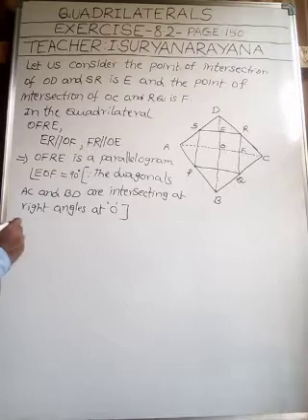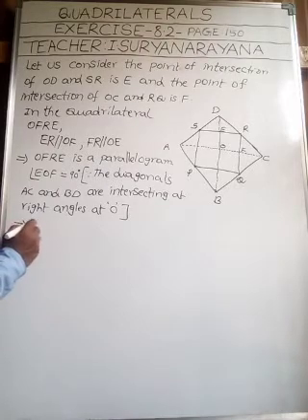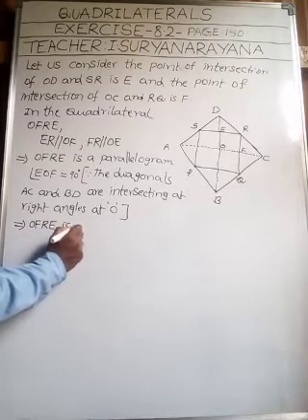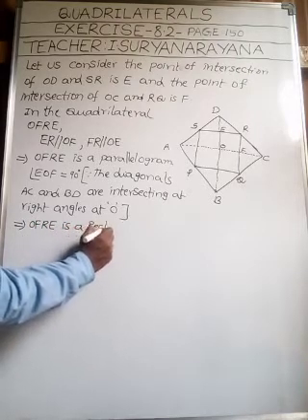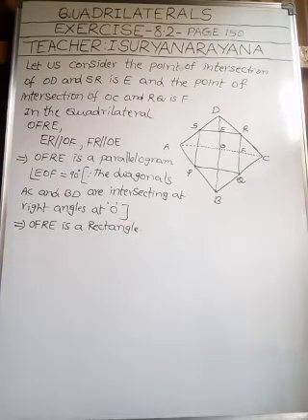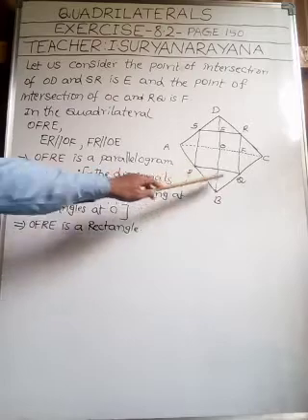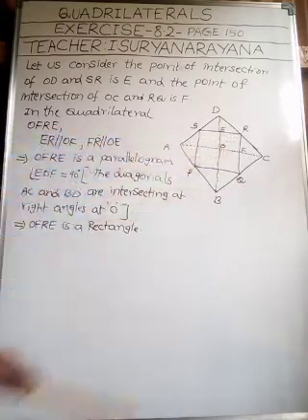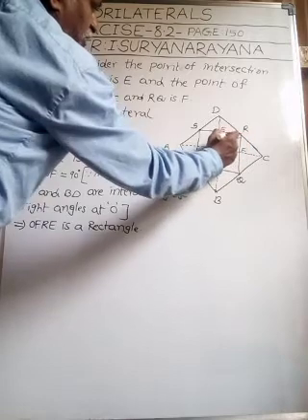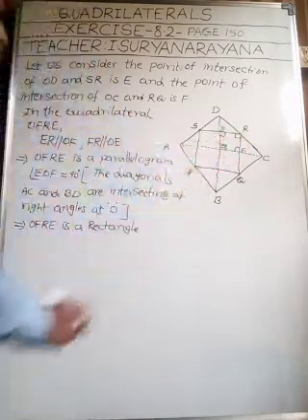This implies OFRE is a rectangle. In a parallelogram, if any one angle is 90 degrees, then the parallelogram becomes a rectangle. Okay, my children. Similarly, in this PQRS parallelogram, this is 90 degrees, this is 90 degrees, this is 90. Automatically this is 90, this is also 90, this is also 90.